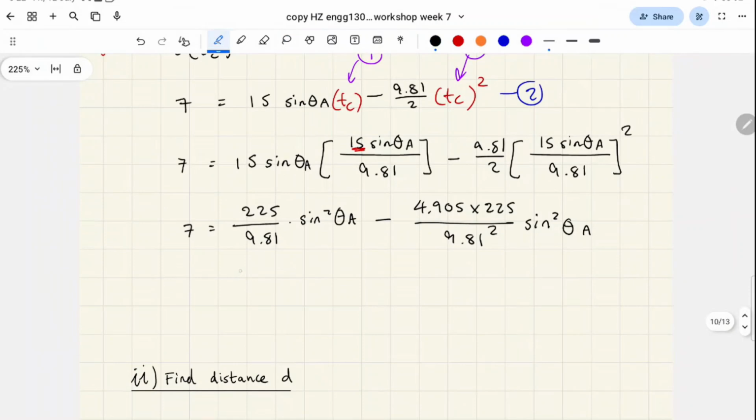Okay, so basically we rearrange for sine squared theta_A, which equals that. You can square root both sides.